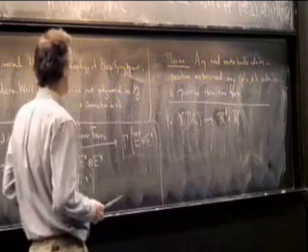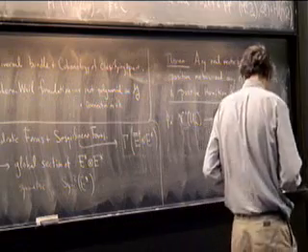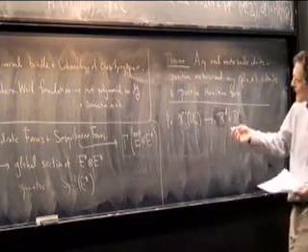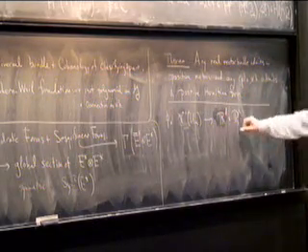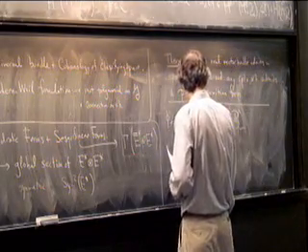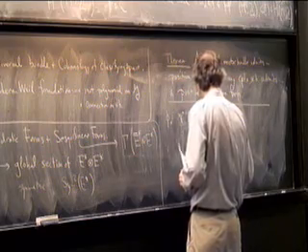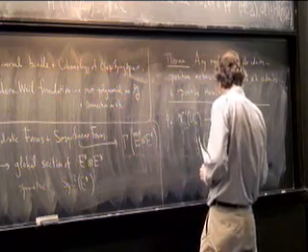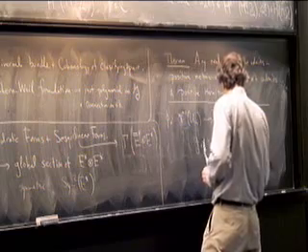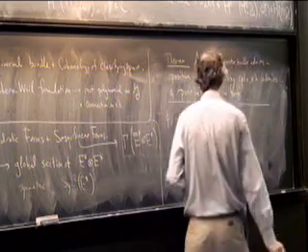I'll just do the real case, and the complex case is identical, really. And now we just pull back the standard Euclidean metric on R^n. So let's define g_alpha on this local framing to be equal to delta_ij.